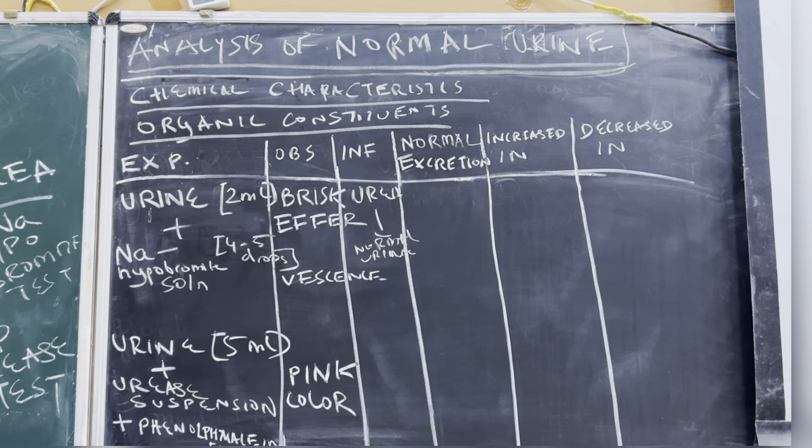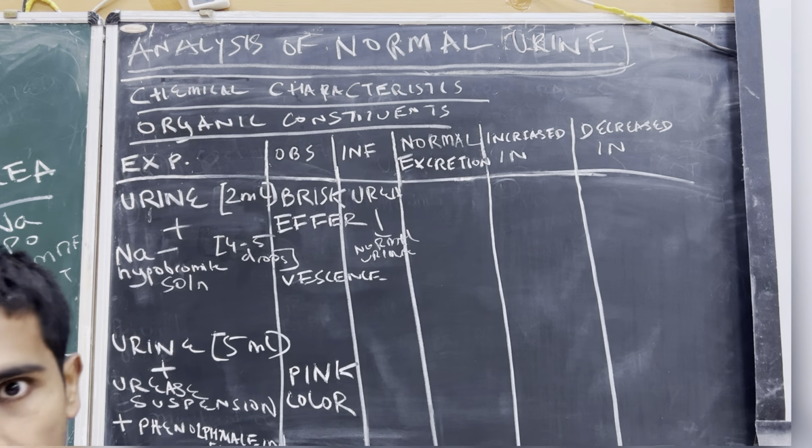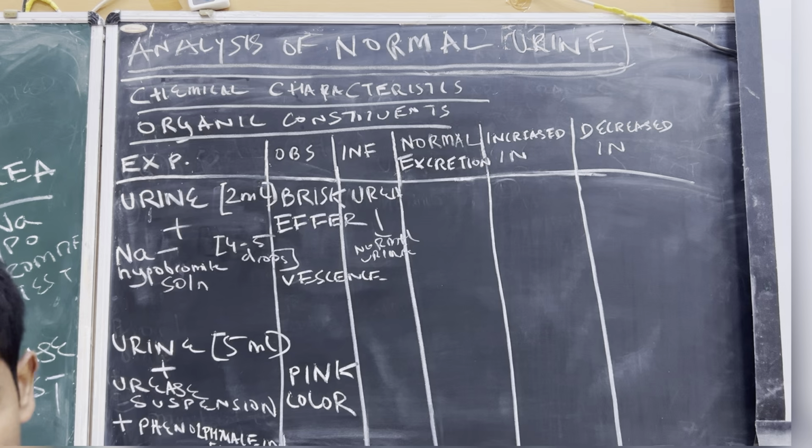Why is this pink color coming? First of all, urease will convert urea into ammonia and carbonic acid.